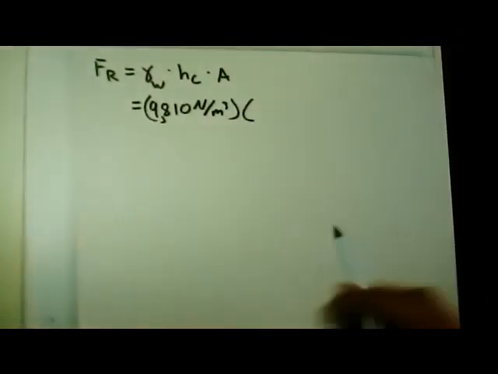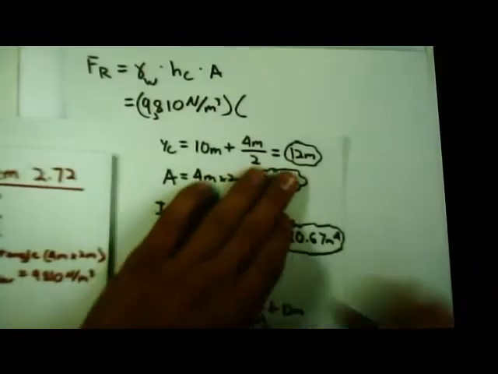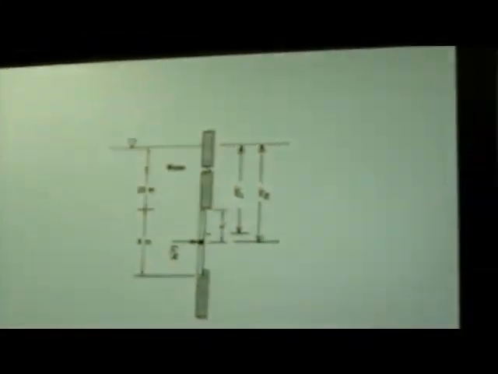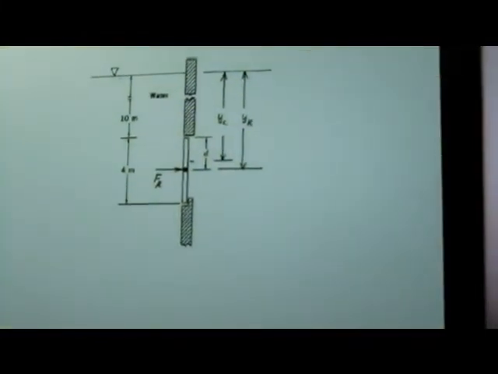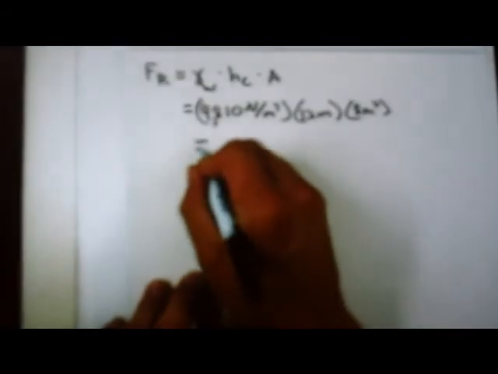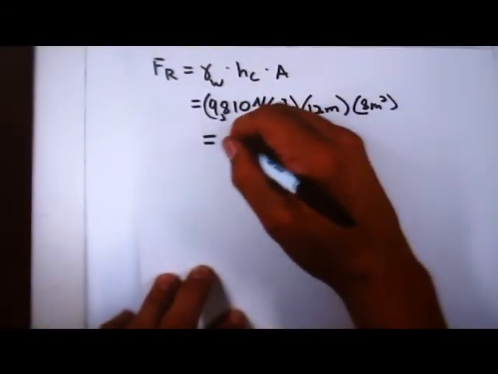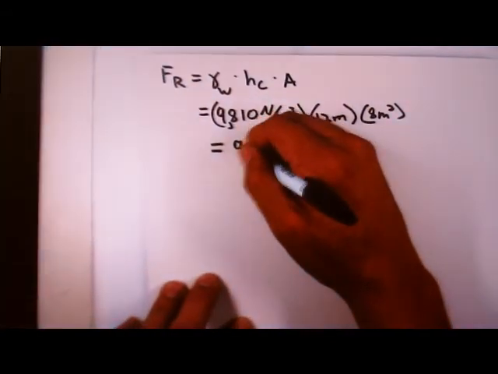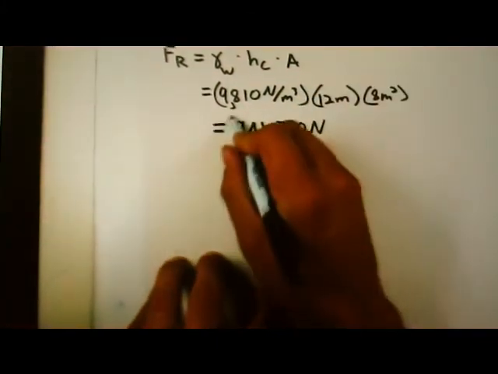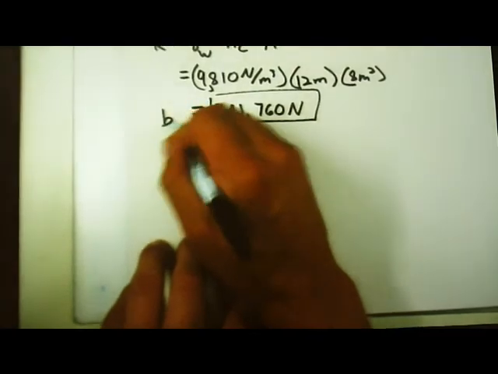Multiply it by H_C, which is the same as our Y_C value, the distance to the centroid from the top of the water, just a different variable, 12 meters. And then the area, again, 8 meters squared. Multiply it out, plug and chug, and the answer we get is 941,760 newtons. And there is our answer to part B in the first problem.